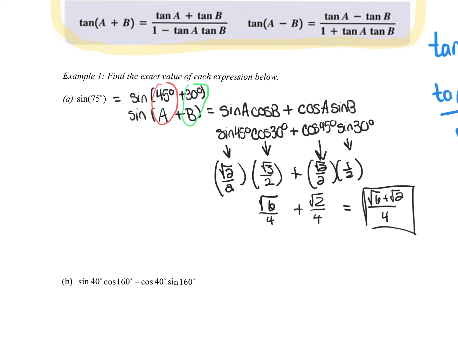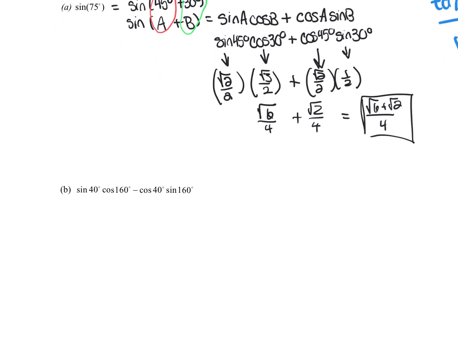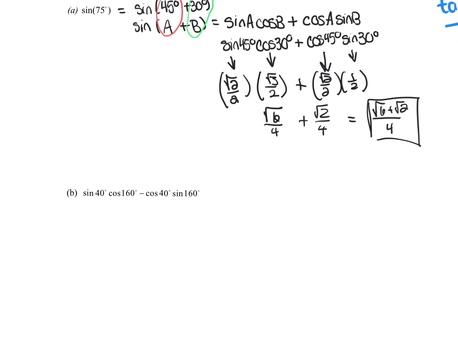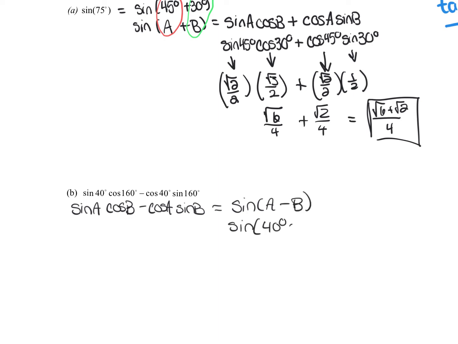Letter B, we're going to work backwards. It's already expanded out, so we have to recognize what it is first. So this is sine of A cosine of B minus cosine of A sine of B, which we know came from sine of A minus B. So this is sine of 40 minus 160.